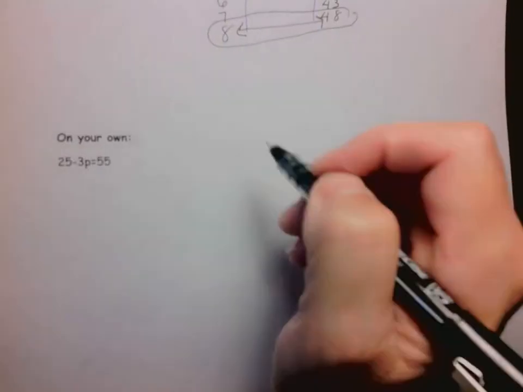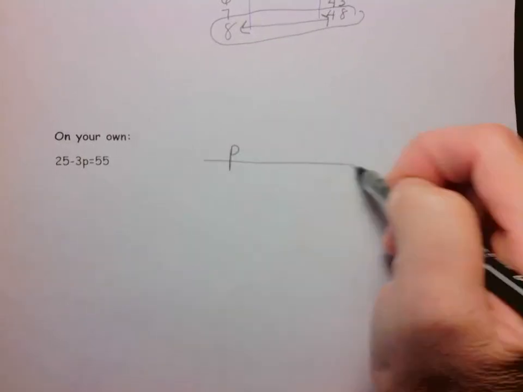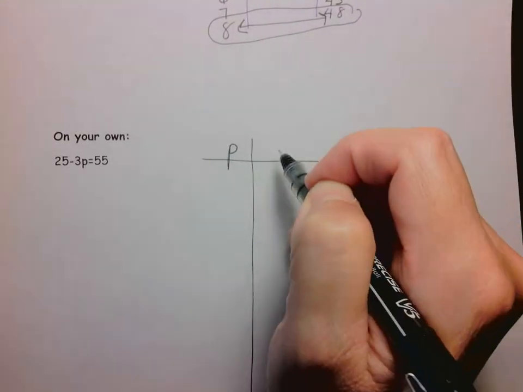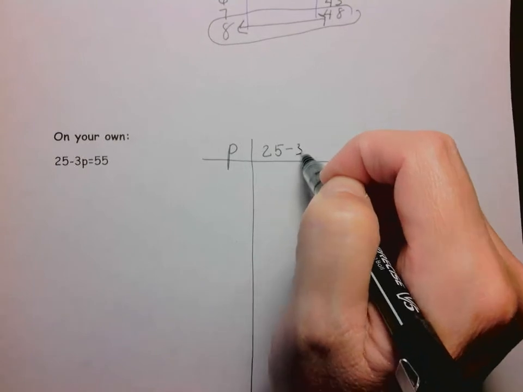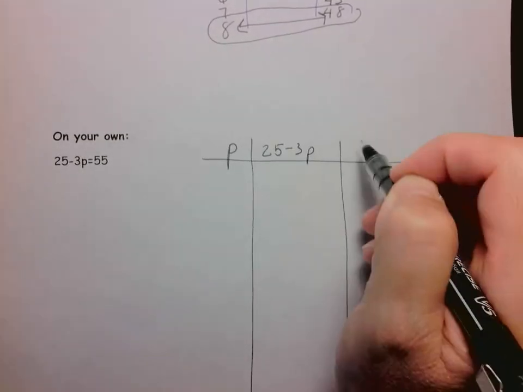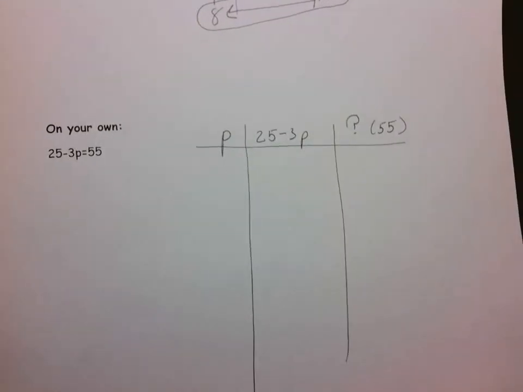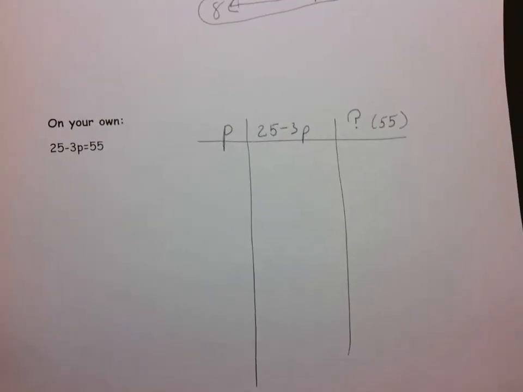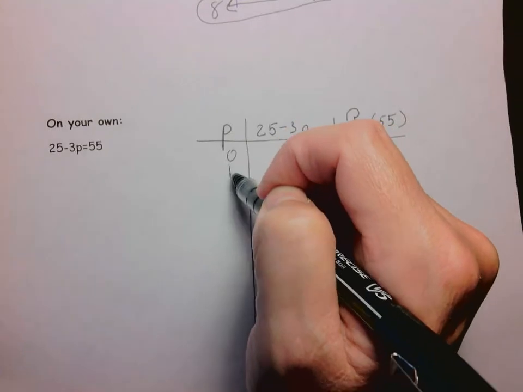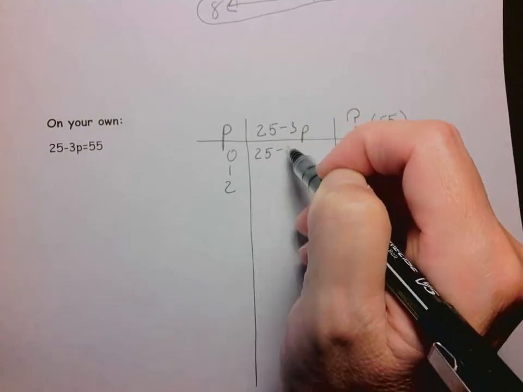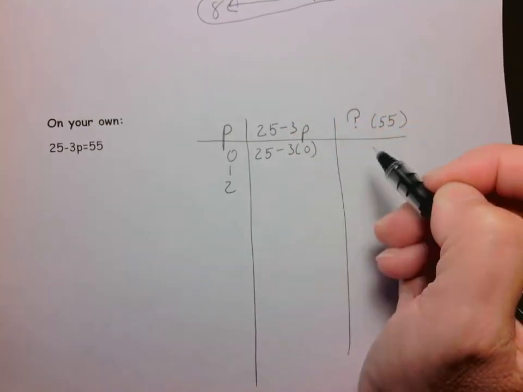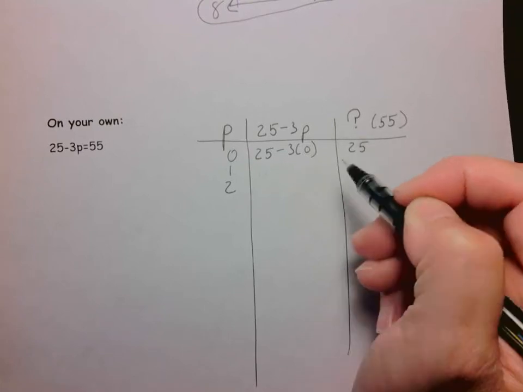Okay, so I want to work this out for you. So I have my input P, I have my function 25 minus 3P, and I'm trying to figure out what is the value of P that will get me an output of 55. Okay, well let me just go ahead and start plugging in some values for P. I input 0 and I output 25.